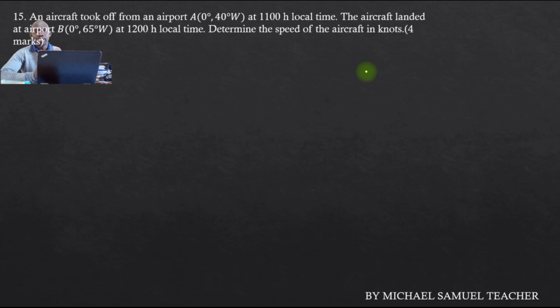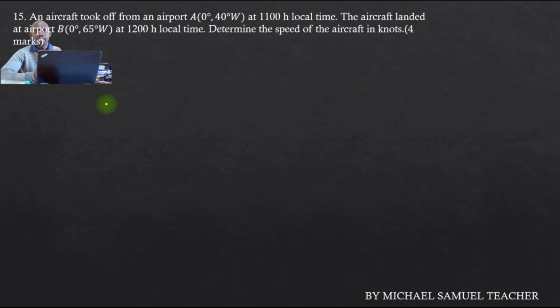That's 4 marks. So this question comes from the topic of longitudes and latitudes, and here we need to determine the speed in knots. Remember, the speed of an aircraft can be given in knots or nautical miles per hour.